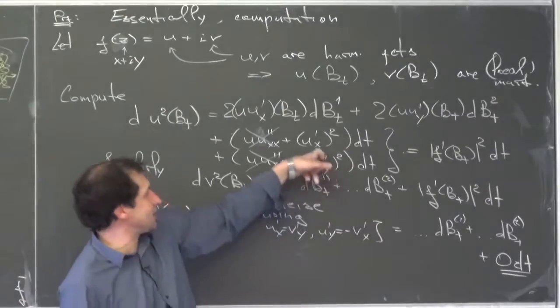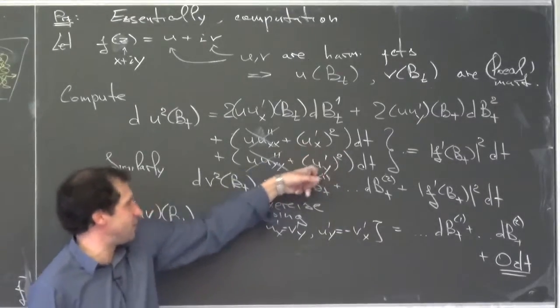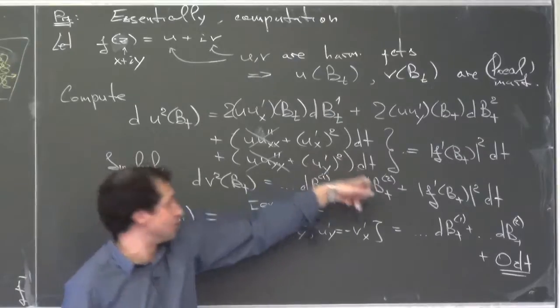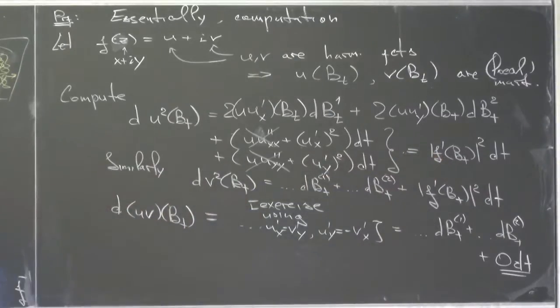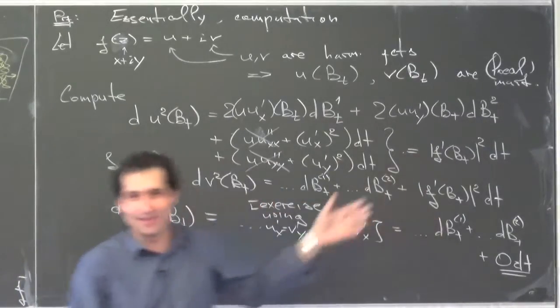So what's written is actually u_x squared plus v_x squared. So this is |f prime| squared.